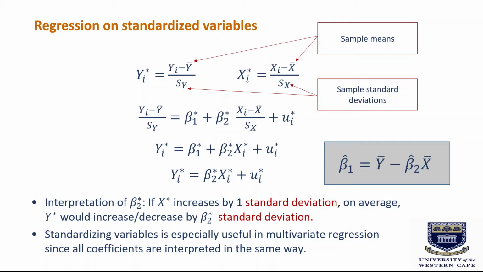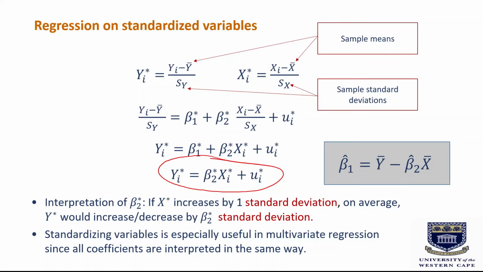The interpretation of the individual parameter estimates themselves is interesting because you now interpret it as a standard deviation. So you can say that in the case of the bivariate model, if x star, where x star is the standardized version of x, increases by 1 standard deviation, on average, y star changes by beta 2 star standard deviations, right?